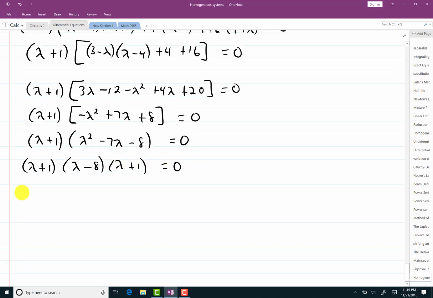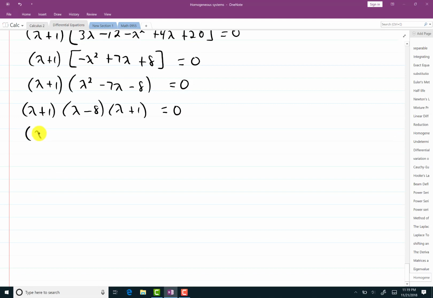And then here we have a situation where I have a repeated eigenvalue again. So what do we get? For lambda, I'll get negative 1 and 8. Plug those in and see what happens with the matrix.